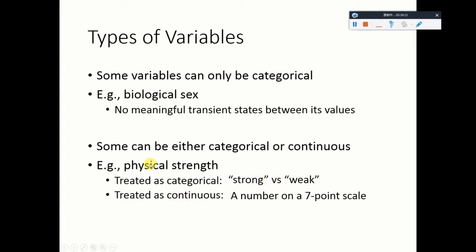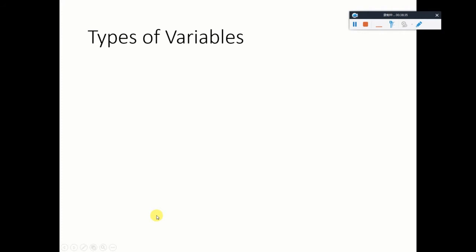But if we treat it as a continuous variable, we can start to assign numbers to them. 1 smaller than 2, 2 smaller than 3, and we think as if people differ in very, very fine ways in terms of their physical strength. All right, so that's just a cautionary note, so to speak.